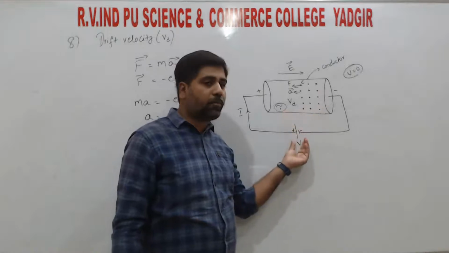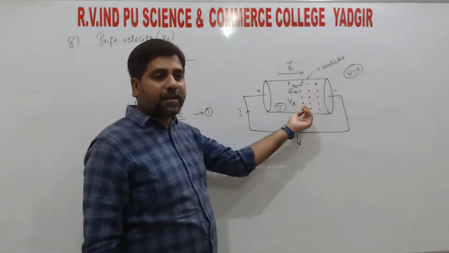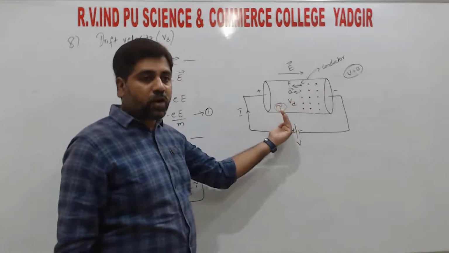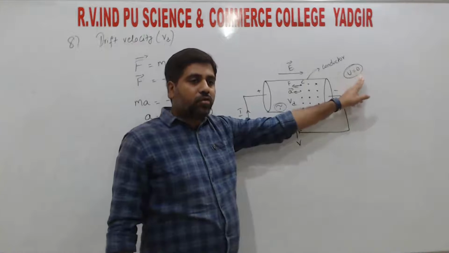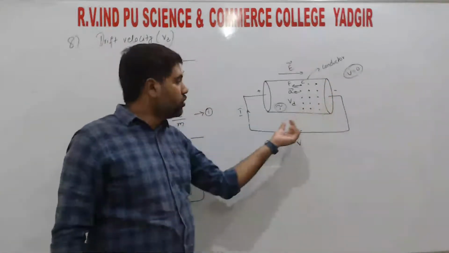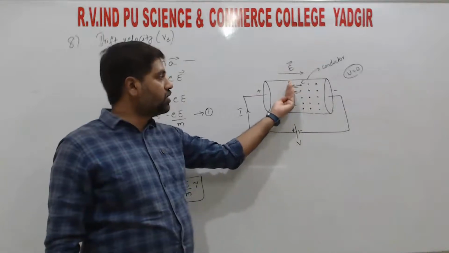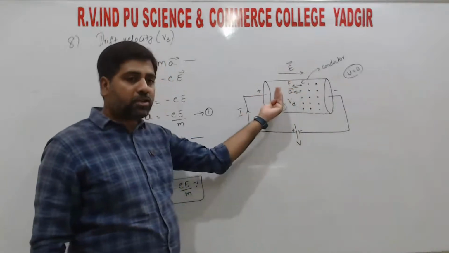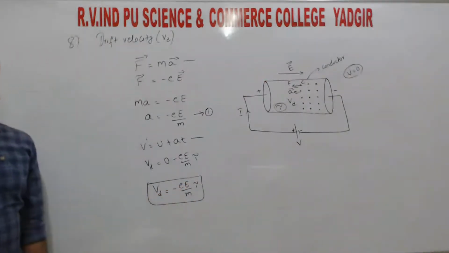Only if an external potential is applied do the electrons get accelerated, which means their velocity changes. From 0 they gain some velocity, and that velocity is the drift velocity. The velocity and acceleration are in the direction opposite to the electric field.